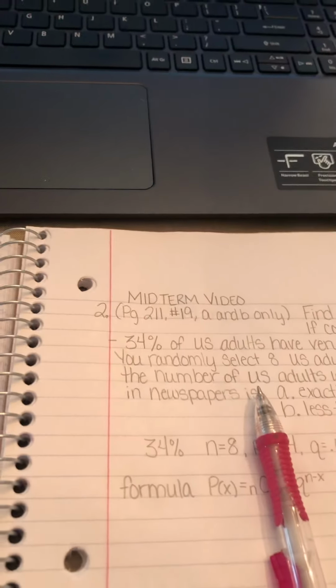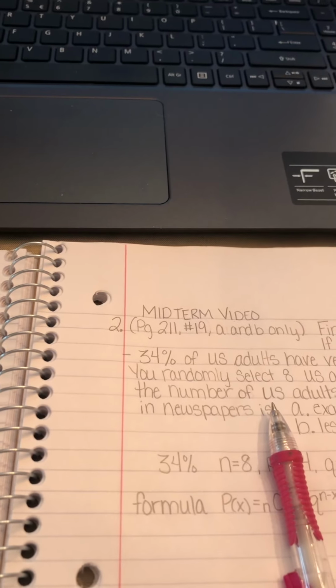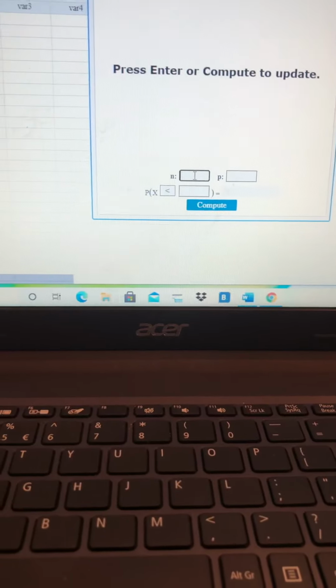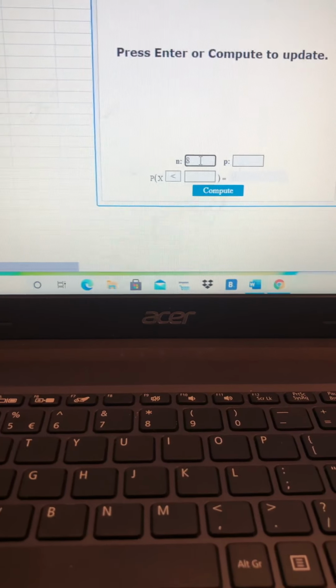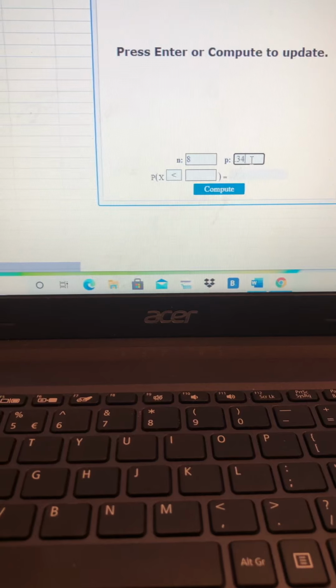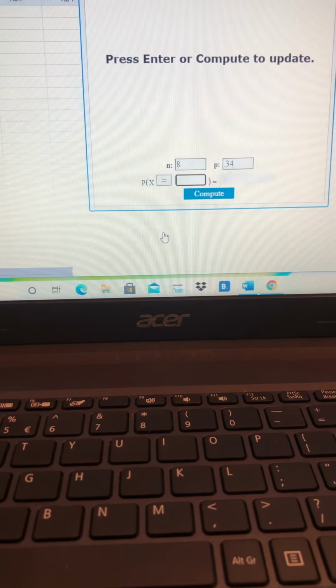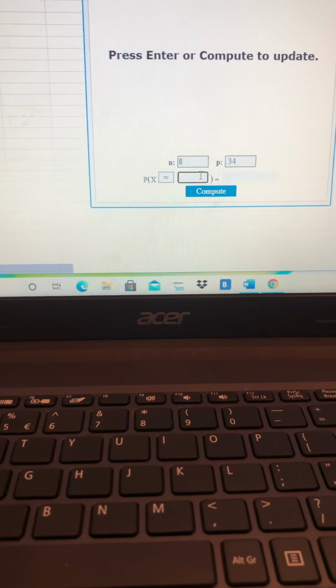So I use StatCrunch here. For StatCrunch, N was 8, P is 0.34, and X is equal to 6.